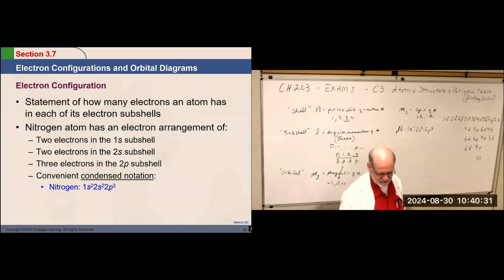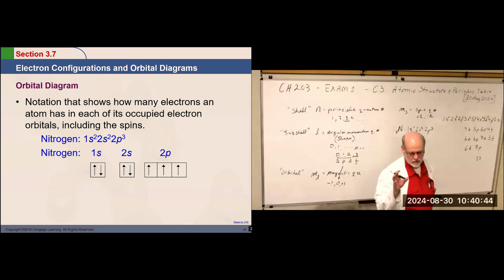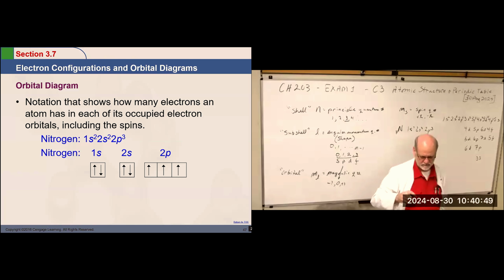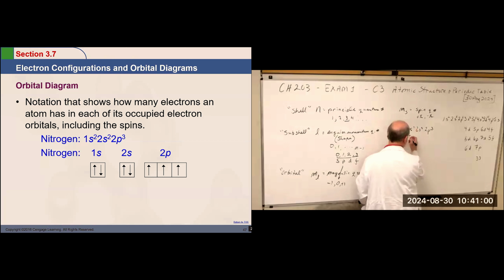This is known as condensed notation. Let's see. Sometimes the orbital diagram helps. Now, the authors of the textbook prepare these slides for instructors. I don't like to use boxes. It's too busy. It takes too much effort. So what I do is just draw a line here.